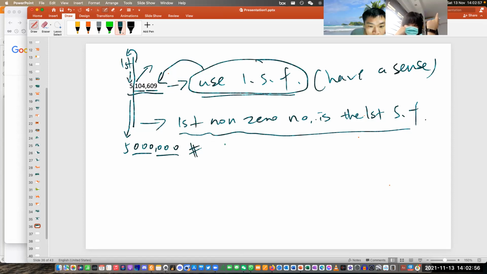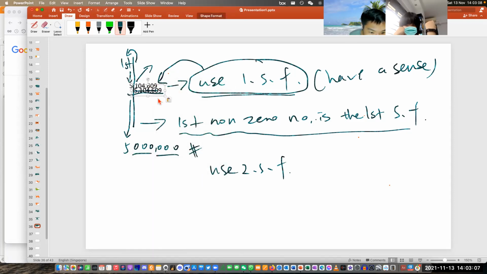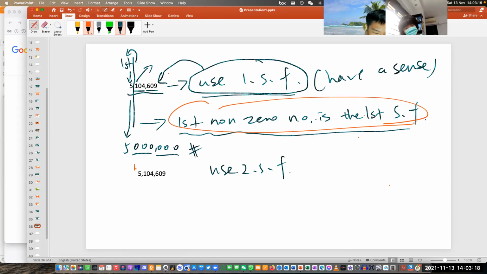Let's take a look if you use two significant figures. Same thing: the first non-zero number is the first significant figure, so this 5 is my first significant figure, and 1 is my second significant figure. They say use two significant figures, so after the second significant figure, I draw a line. Then I ask myself, do I need to add 1 to the second significant figure?